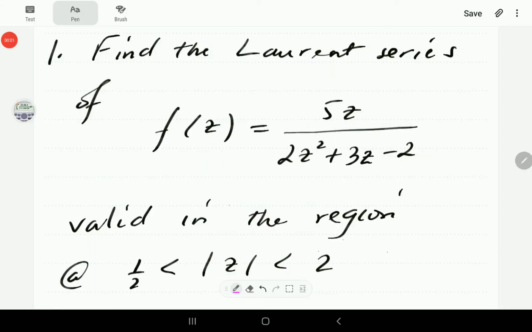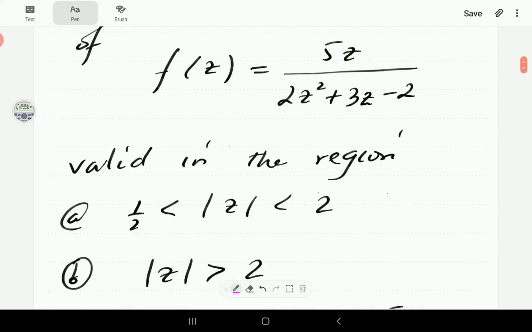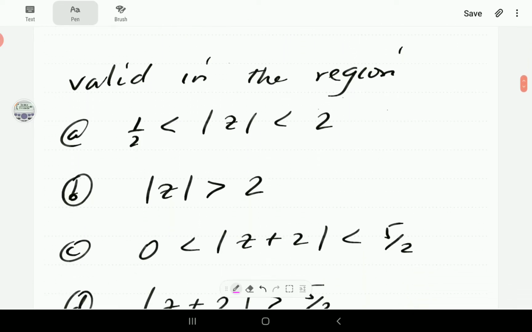Okay, in this video, we're going to look at the Laurent series of functions like this one, where the denominator is a quadratic, so it's going to have two singularities. In part A, we're going to find the Laurent series valid in an annular region centered at the origin, and this one is a region outside a circle of radius 2.